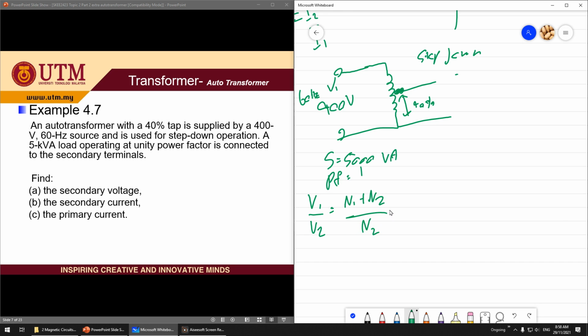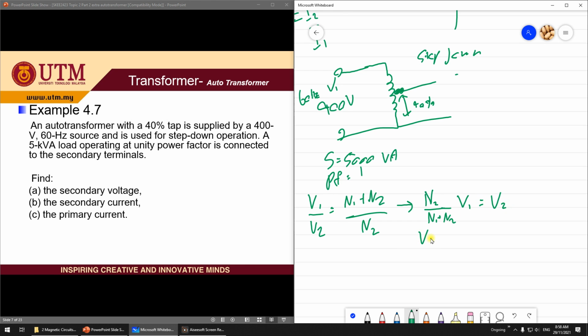You want to find V2, so you manipulate the formula and it becomes N2 divided by (N1 plus N2) multiplied by V1 equals V2.